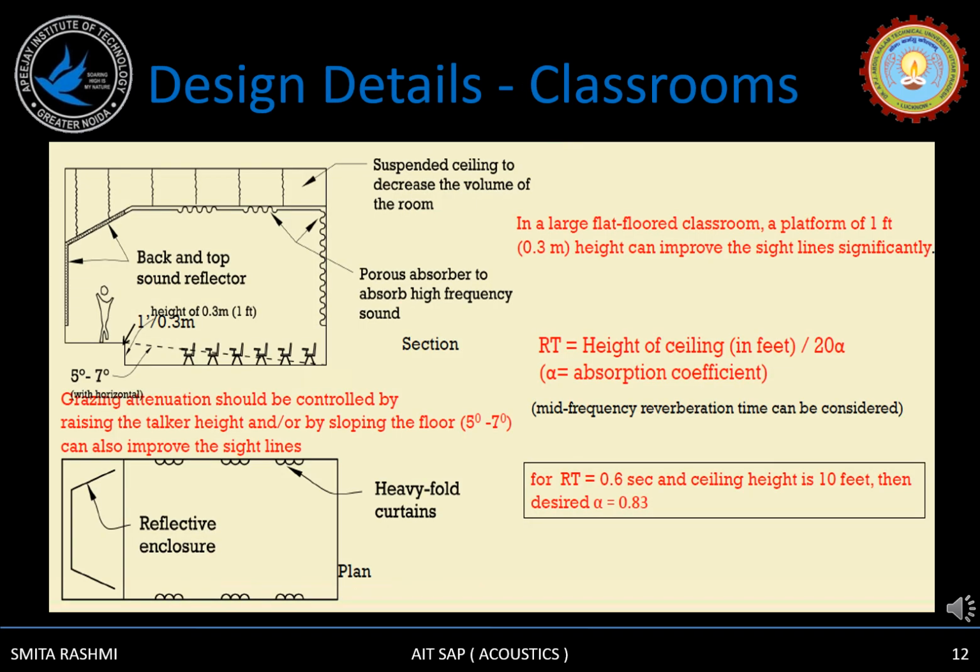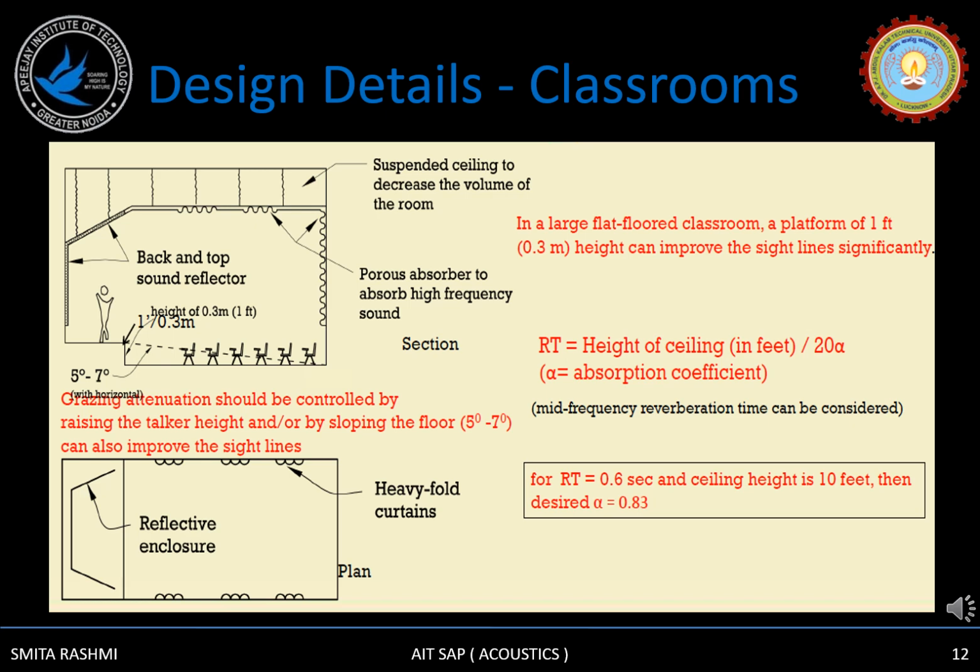The design details in terms of classrooms. As you can see, this is the talker, the speaker, and there is a high platform of about 1 foot. So even by raising the platform by 1 foot, we can decrease the grazing attenuation.